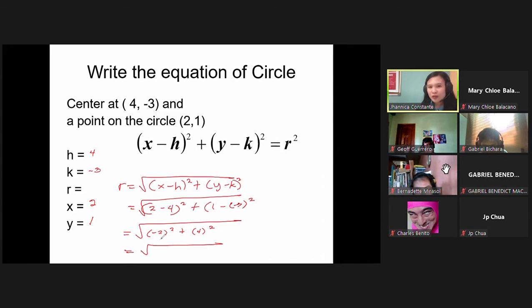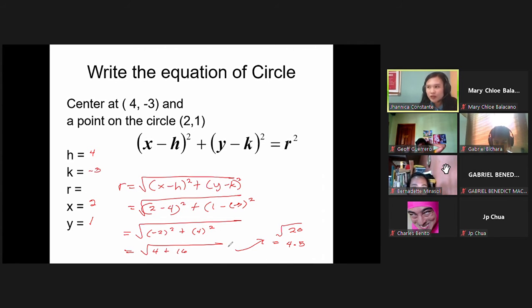So negative 2 squared is equal to 4 plus 4 squared is also equal to 16. So square root of 20, which is equal to 4.5. So that is our radius for the set of point and center that we have in the circle.